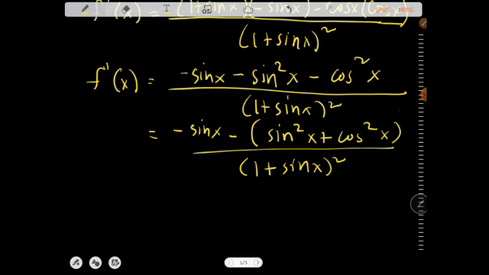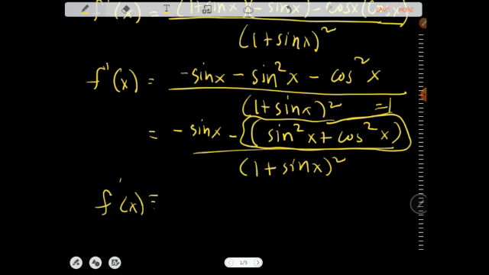Now, di ba this is what I said earlier, we can make this equal to 1. So, this would equal negative sine x minus 1 over 1 plus sine of x squared.